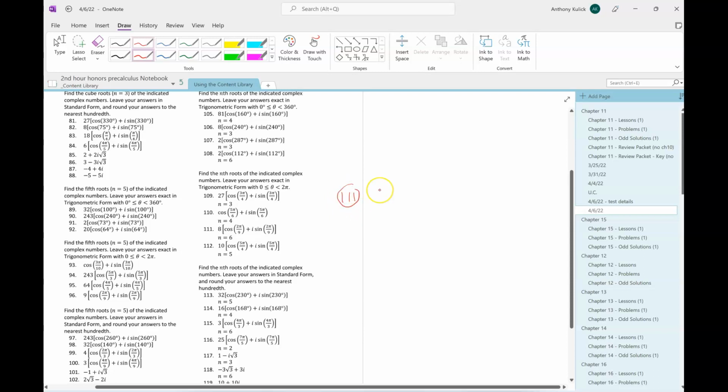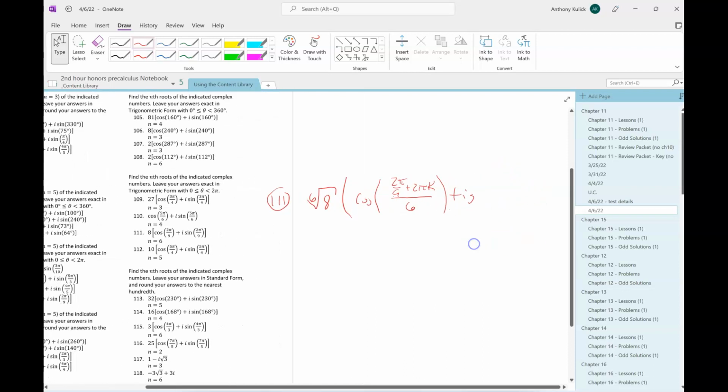Okay, so if I apply my de Moivre's theorem, I have the sixth root of 8 times cosine of 2 pi over 9 plus 2 pi k over 6 plus i sine of 2 pi over 9 plus 2 pi k all over 6, where k equals 0, 1, 2, 3, 4, 5, 6.